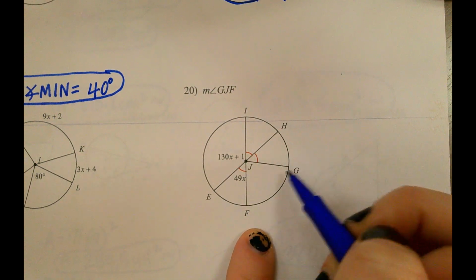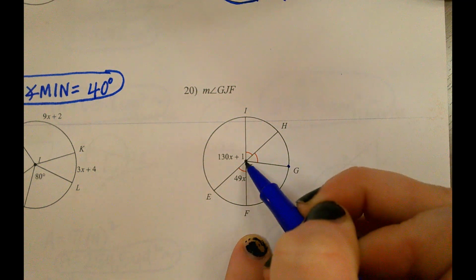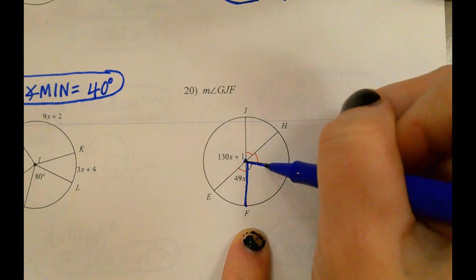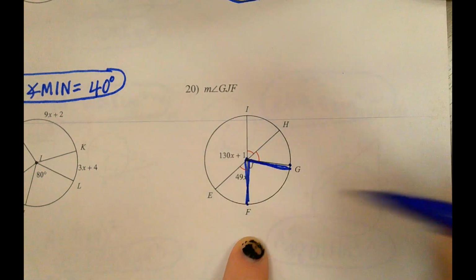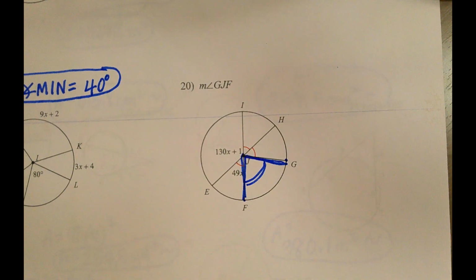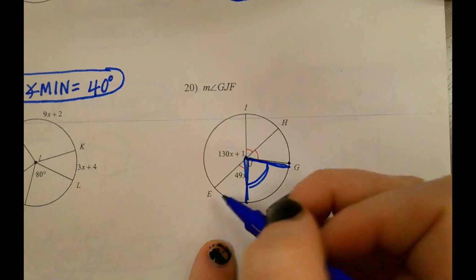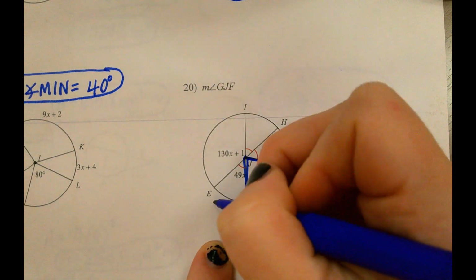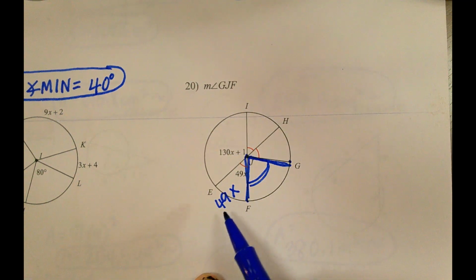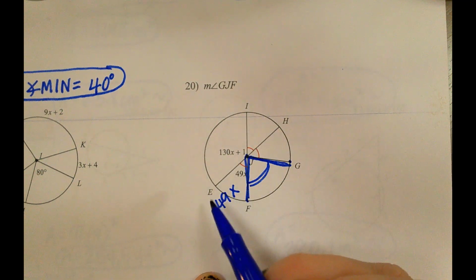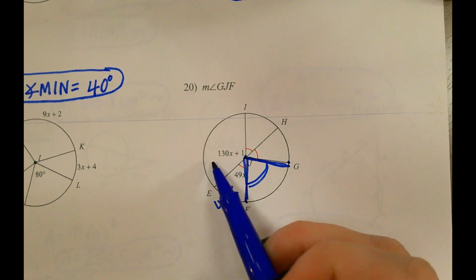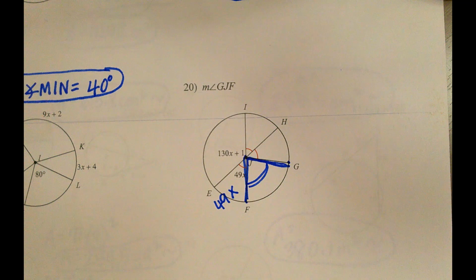On my circle, I see G is here, J's in the middle, F is here. I want to know this angle. That's what I'm trying to find. I know that this is 49x. I kind of covered it up, so I'll write it again. I know that this big section here, EJI, is 130x plus 1.